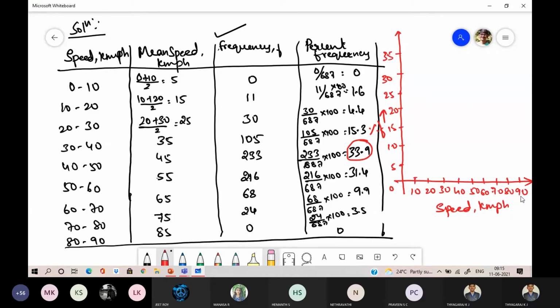Is it clear how to take the x-axis and y-axis? Yes, sir. So now for mean speed we are going to plot. So for these values we are going to plot.